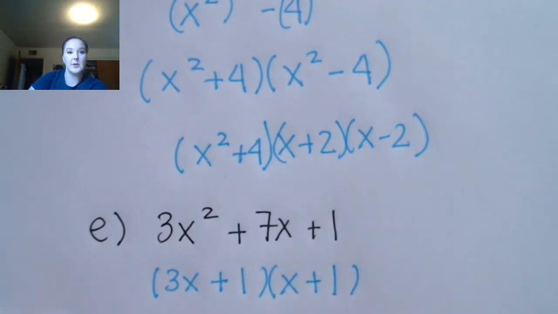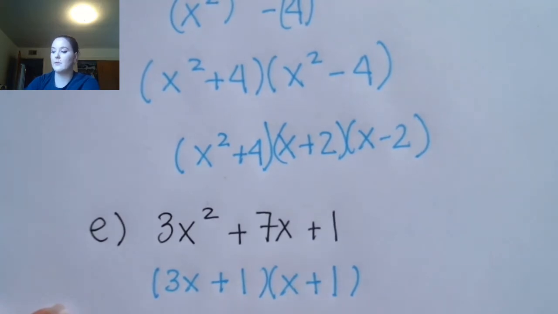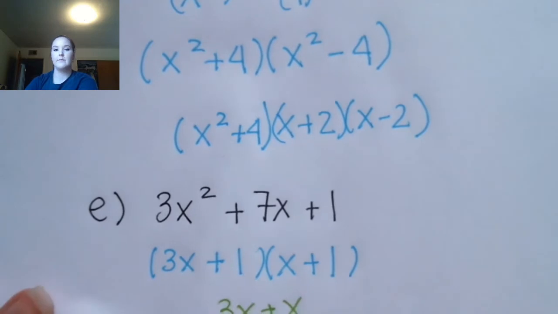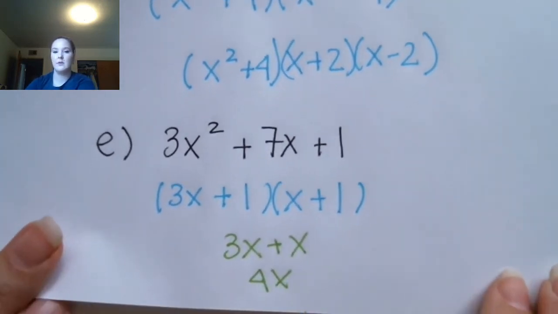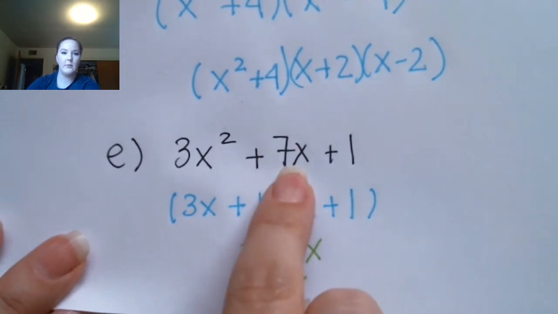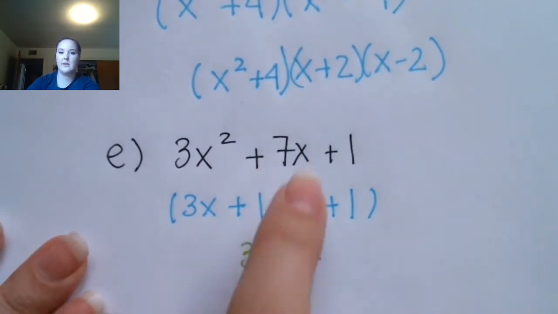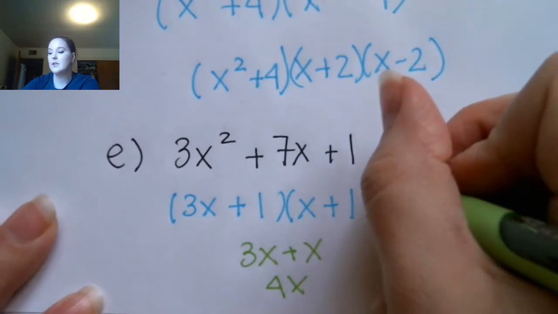So I'm going to check this by multiplying it out. I have 3x times 1, which is 3x, and then I have 1 times x, which is x. This gives me 4x. But that is not what we wanted here. We wanted 7x, so that means this doesn't work.